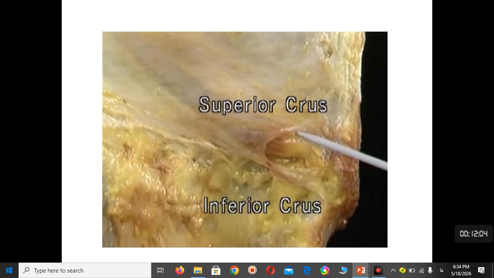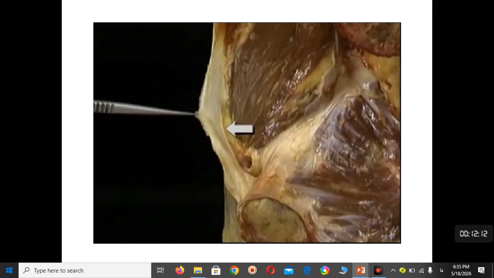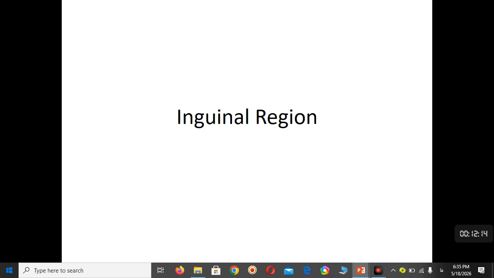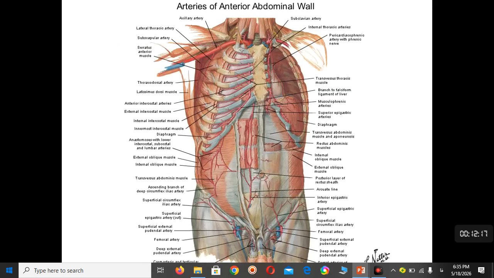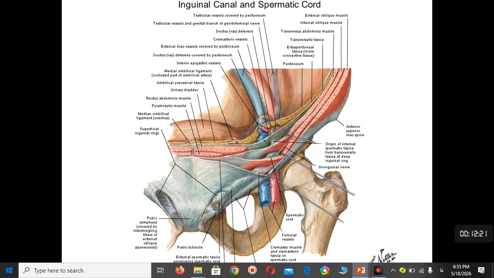Between these two crura is the superficial inguinal ring. I am going to another shape for you. Here you can see better. This is the anterior wall of the inguinal canal, and here is the superficial inguinal ring. Because this file is very long, I end here, and in the next file we continue.